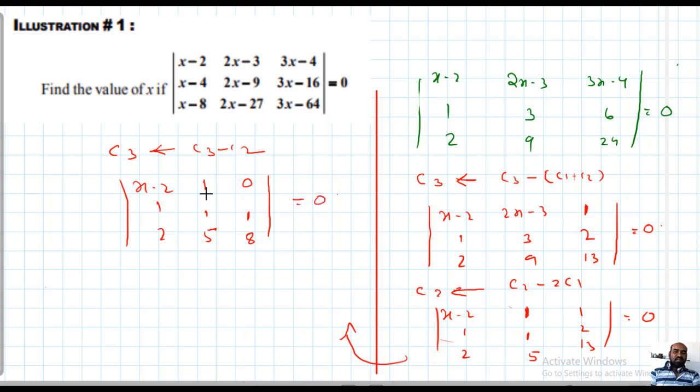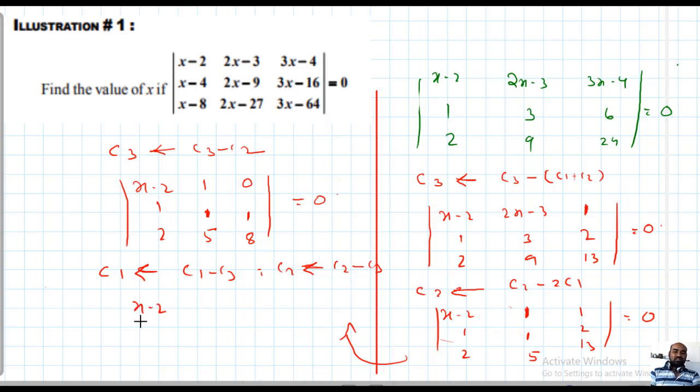Again here also you can make 0, here and here. You can use it. See, C1 changed as C1 minus C3 and C2 changed as C2 minus C3. Observe what happened. C1 changed as C1 minus C3, x minus 2 minus 0, x minus 2 only.